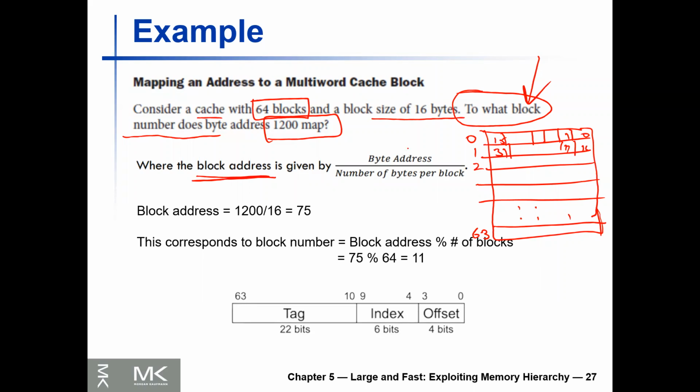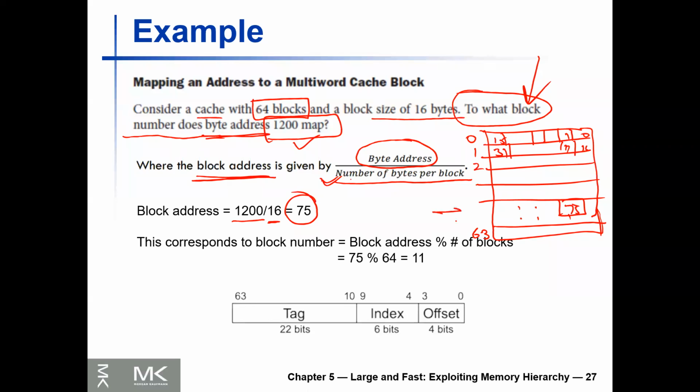For that, first take the byte address over the number of bytes per block. The byte address is already given to you, divided by the number of bytes per block, which is 16. So we get 75. So it will be somewhere here.